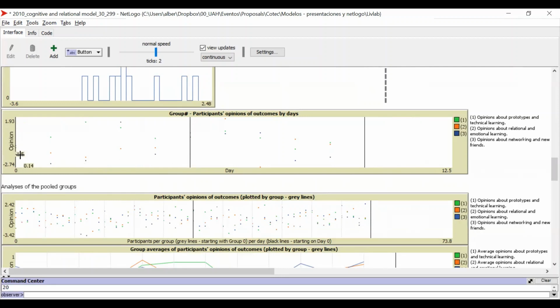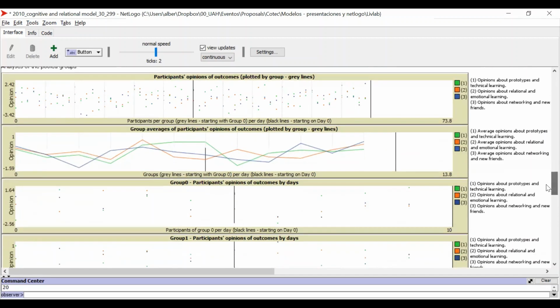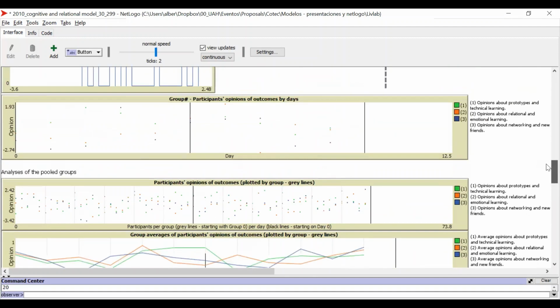So each triad of dots relates to one member of this team, and this is information again similar to what we describe in the information for the pool groups in these other graphs.